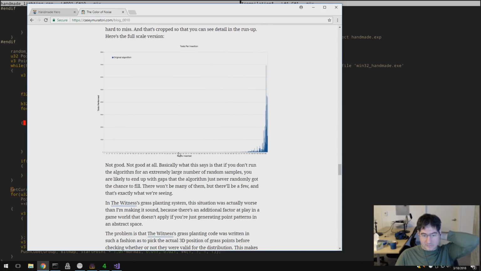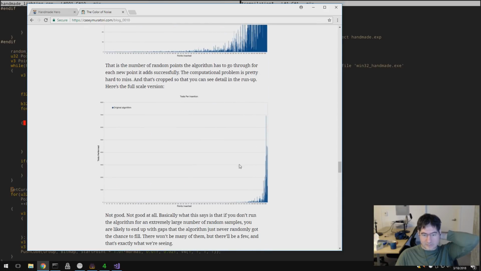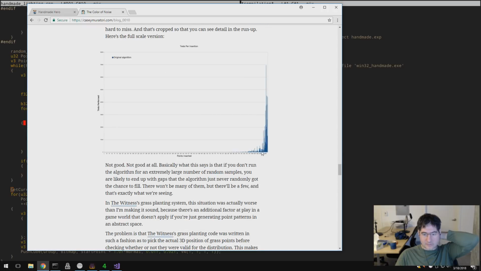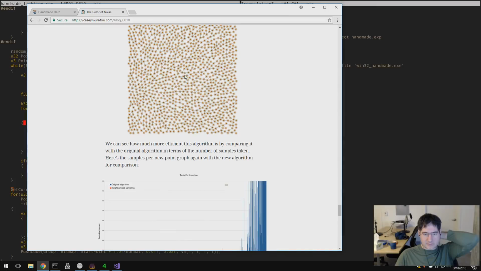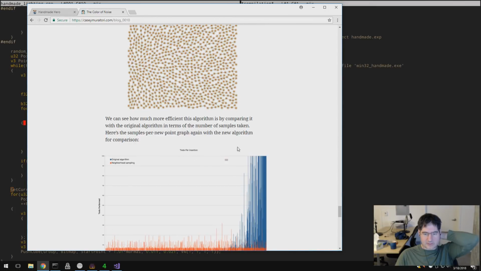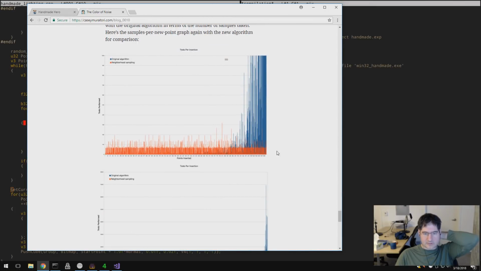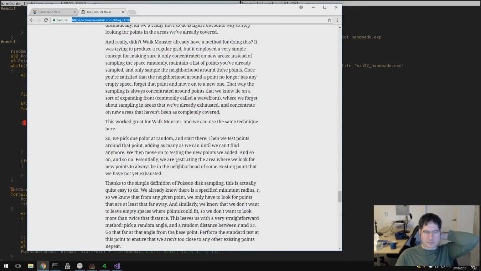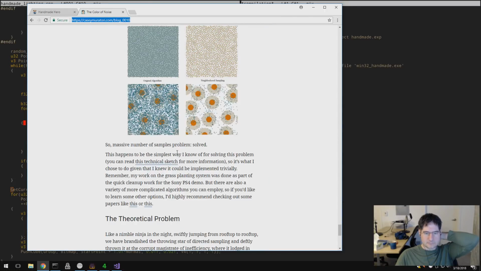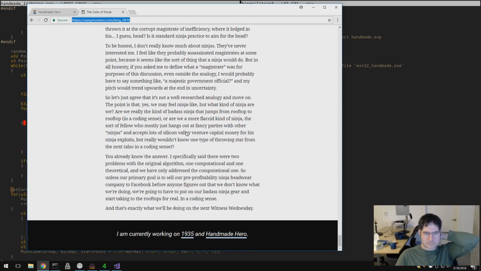This graph and this graph are the same. It's just a scaled version that includes the highest point, right? And so here I talk about how you get rid of that. Here's the graph of, if you write the algorithm properly, how many test points you need per point inserted. And you can read about that here. So it's just blog entry number 10.